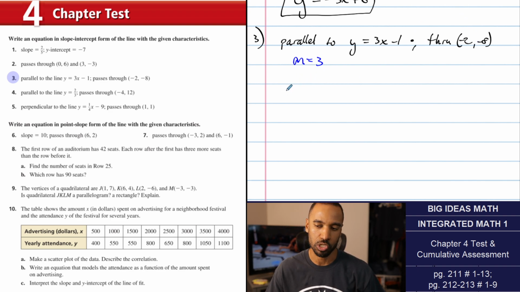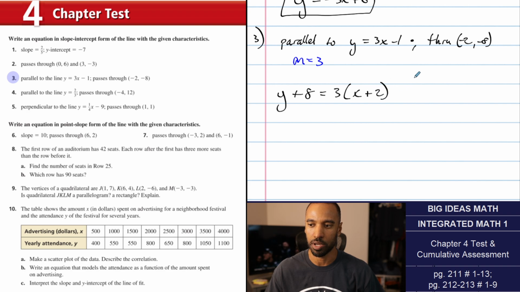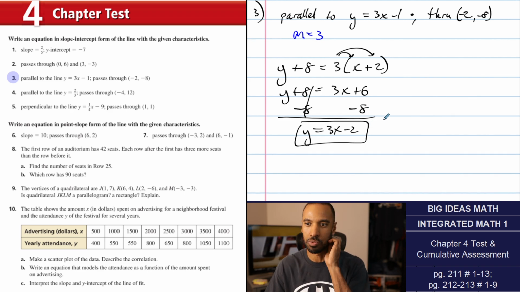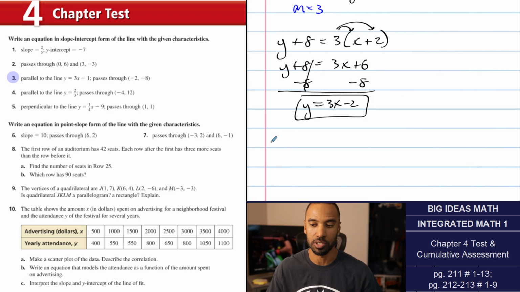The one I'm going to do on this one, I'll use point-slope form to begin with. y - y1 = m times (x - x1). Notice the sign changes. But they said slope-intercept form ultimately, so I do need to distribute the 3. And I can now subtract 8 from both sides like so. So we'll get y = 3x - 2, and that will be it regardless of whether you did this form or you started out in slope-intercept form.